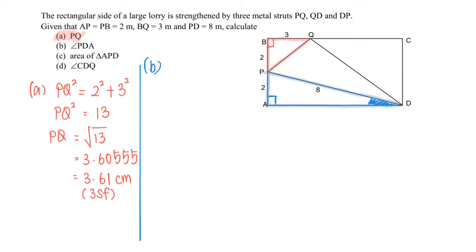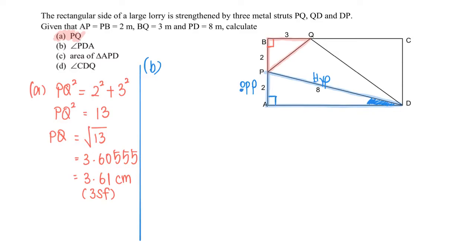Alright, so the angle is given here that we are going to find. With respect to this angle, this will be my hypotenuse, 2 will be my opposite side.